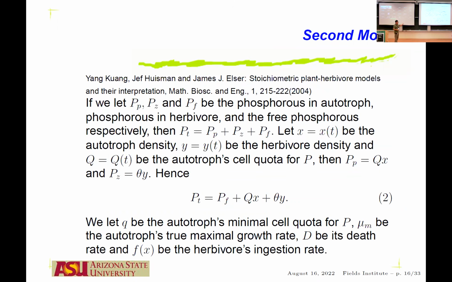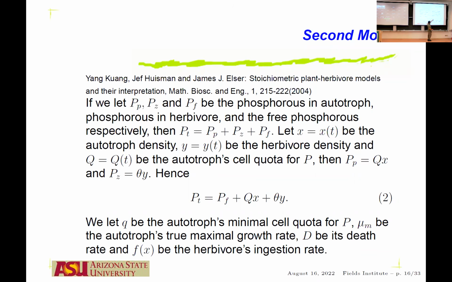So the model I presented to you was more or less ad hoc, intuitive. I just want to show you that it can be done in a mechanistic sense. You can keep track of the amount of free phosphorus, and then the total. I use the PB4, and just to highlight, this is the total phosphorus. You have free phosphorus, and then the phosphorus quota that varies in the producer times the quantity of the producer.